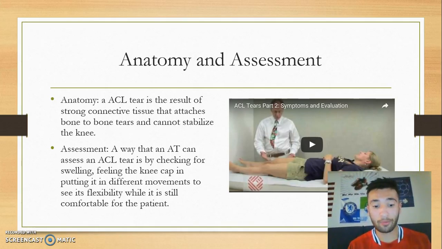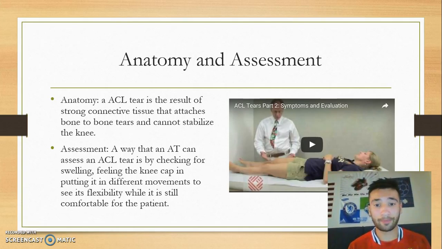Once the ACL tears, it puts more stress on those ligaments, which can make them partially or fully torn as well. Tearing leaves the knee less stable, and it can no longer restrain anterior translation, which is one of its main uses.